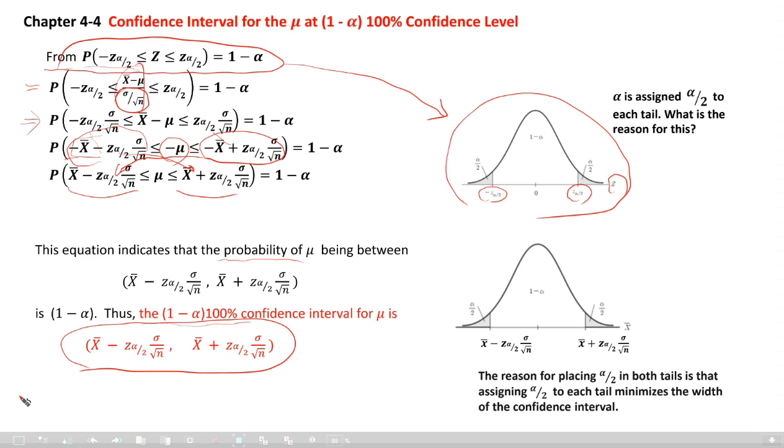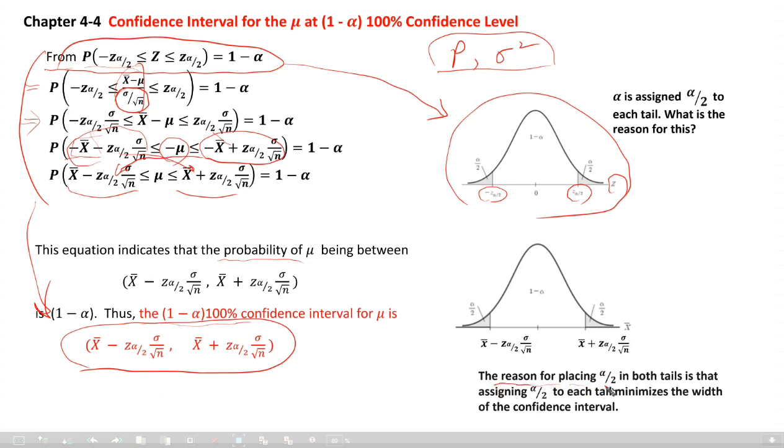And another thing is, if you understand this process, then you may understand other parameters easily. Say, other parameters are p and sigma square. The same logic will be applied to these two parameters. So that's why I emphasize statistics is very simple, straightforward, okay, systematic.